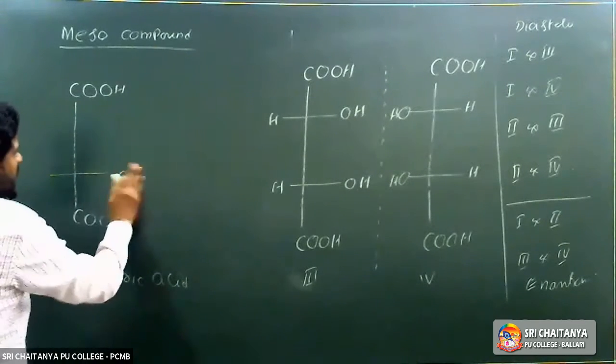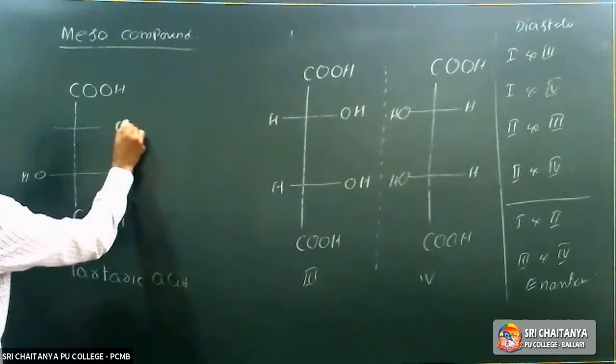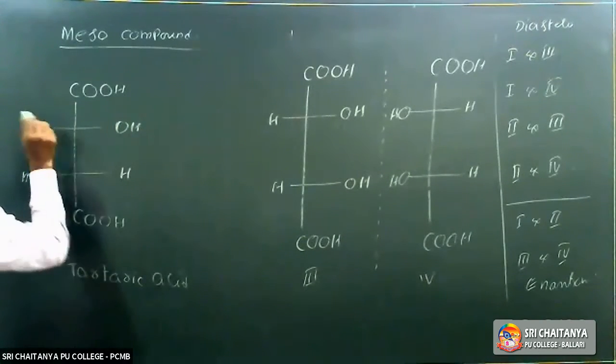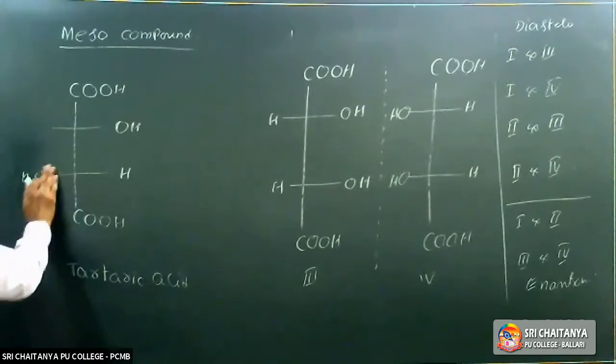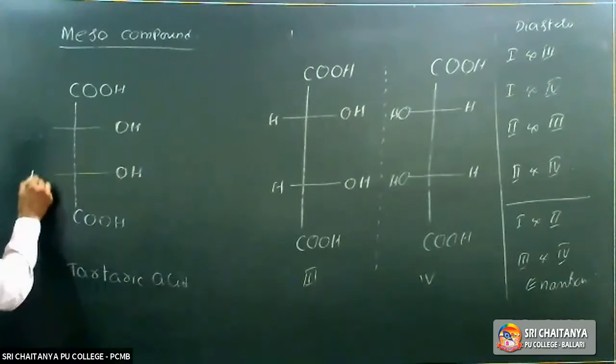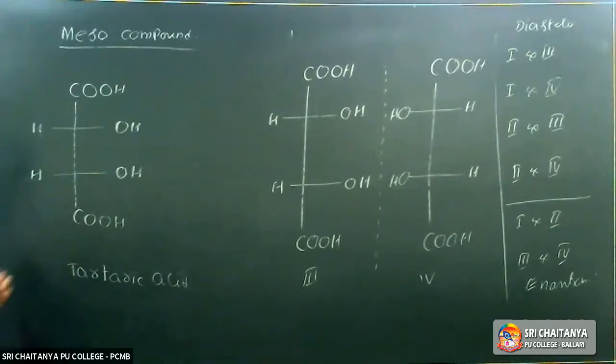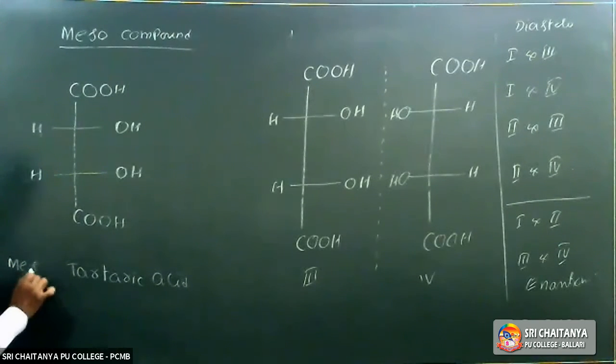So let it be H, OH, next OH, then H. So if both the hydroxyl groups are present on the same side, it is OH, H, H. So it is called meso-tartaric acid.